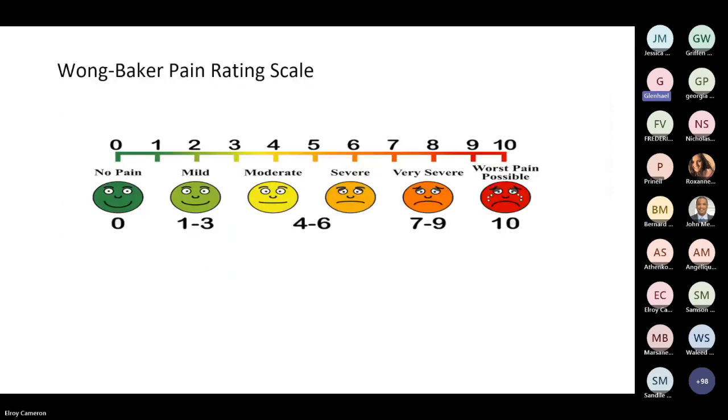Now let's look at the Wong-Baker pain rating scale, also a very common one, and this is pretty much where the severity comes in. This one is rated from 0 to 10. Wong-Baker, the faces are generally used for children, and then they have the numeric numbering system, 1 to 10, which they generally use for adults.